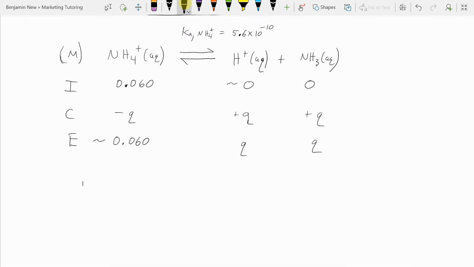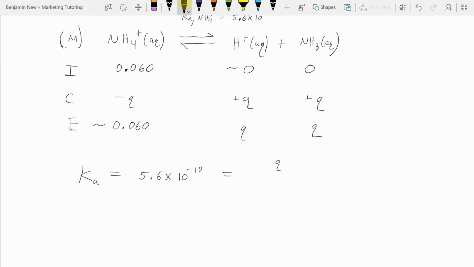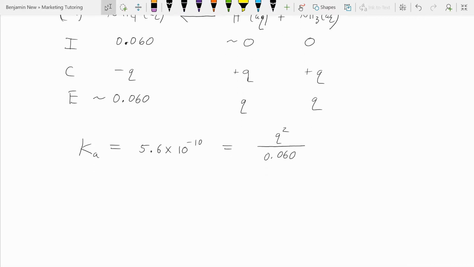And if we write the equilibrium constant, 5.6 times 10 to the minus 10, and then the law of mass action for this, we have Q for the concentration of H+, and we have Q also for the concentration of ammonia as it re-equilibrates, divided by, well, 0.060 molar, since that's approximate.